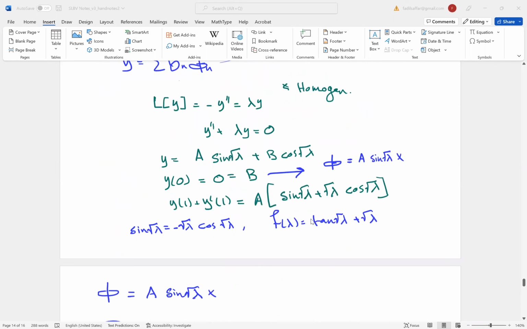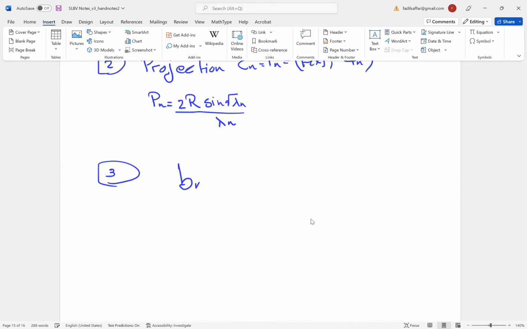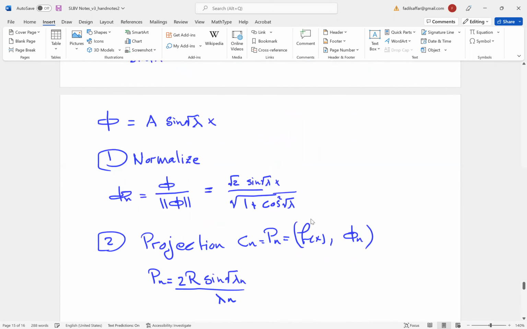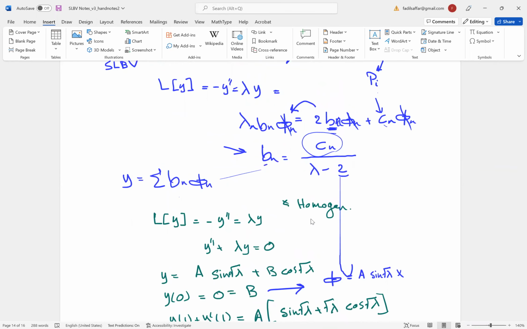So yes, at the very last step, we need to find our bn, and based on the equation that we found for this special problem, that's cn divided by lambda n minus mu, and that mu in this case is just this one here, 2.